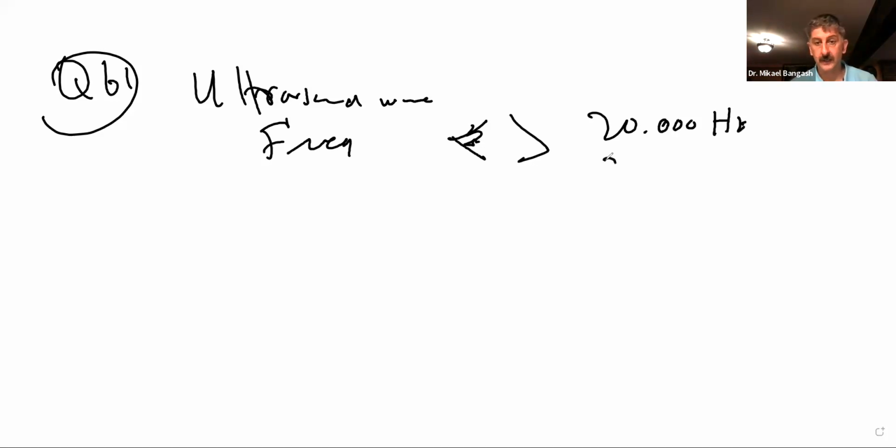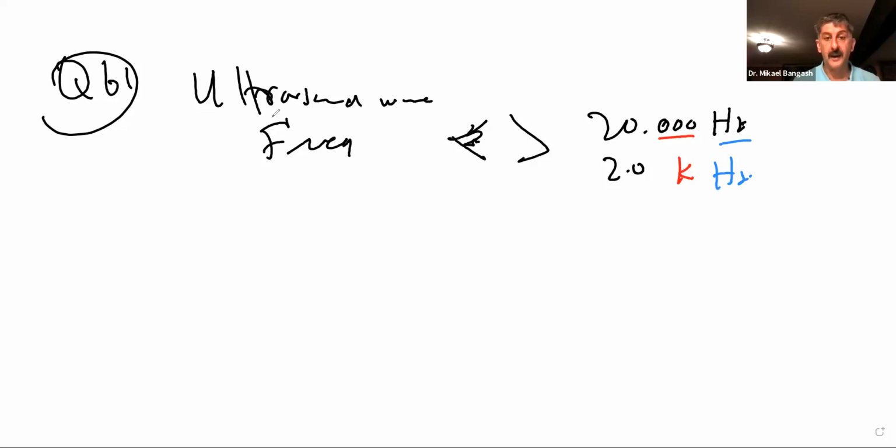Or we can say 20 kilohertz. Clear? So any sound wave with a frequency greater than 20,000 hertz is going to be considered an ultrasound.